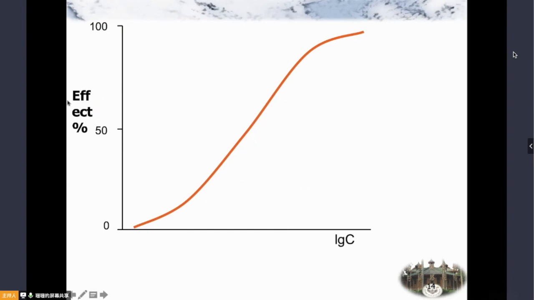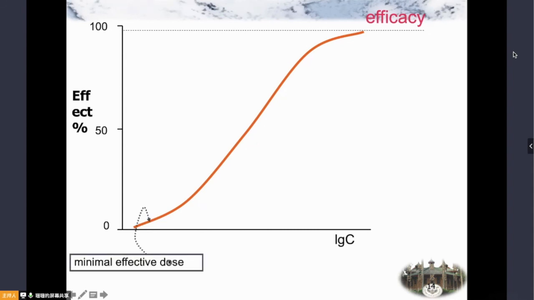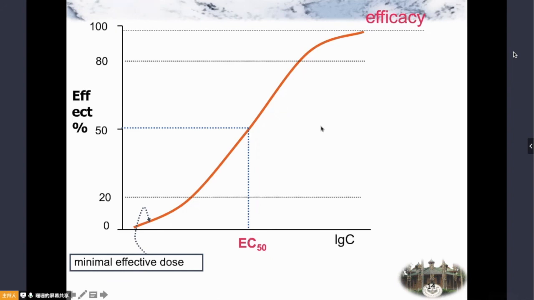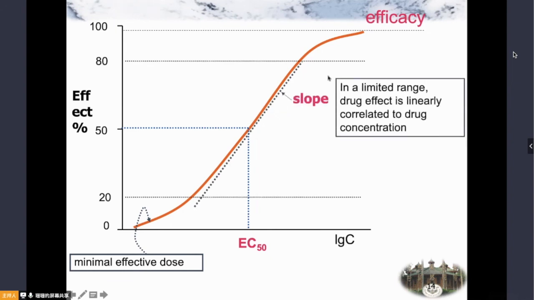Okay, here is a photograph showing the concentration effect curve. You will know the efficacy, which means the maximum effect of the drug, and the minimal effective dose or effective concentration, which is also called the threshold, and the EC50, the definition for EC50, and the slope.